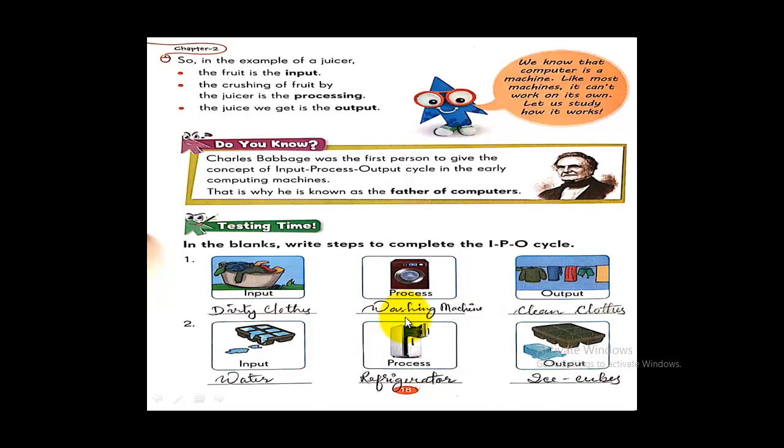Then after turning on the refrigerator, after some half an hour or 40 minutes, that water in the container will turn into ice cubes.